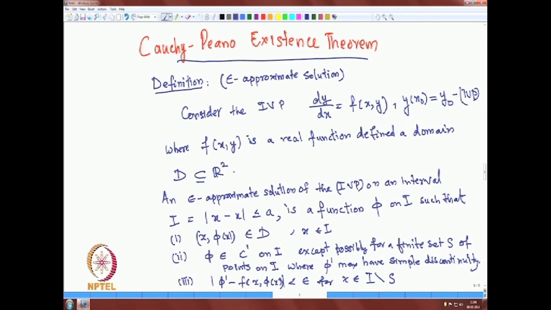So, for a given initial value problem, we define an epsilon approximate solution.